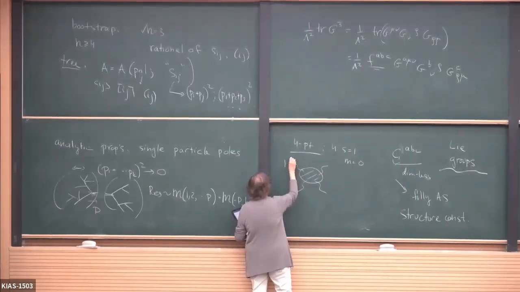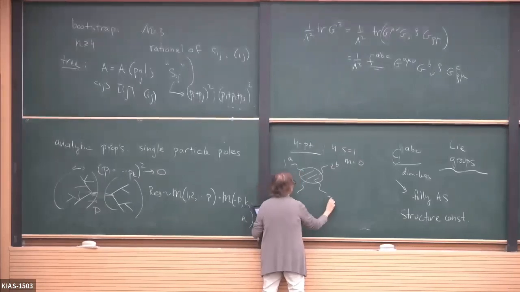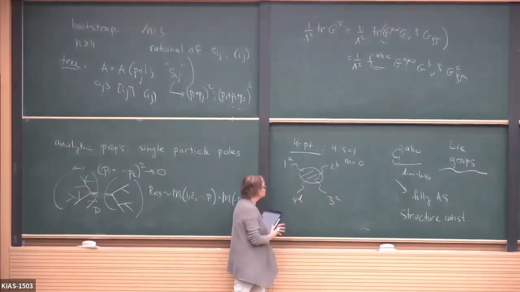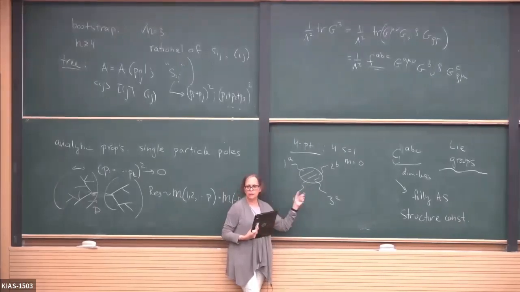This is going to be particle 1 with some index A, 2 with an index B, 3 with an index C, and 4 with an index D. We're going to try to construct this one from the 3-points. And this is how we're going to find the Jacobi identity. So this is what we're going to do tomorrow.